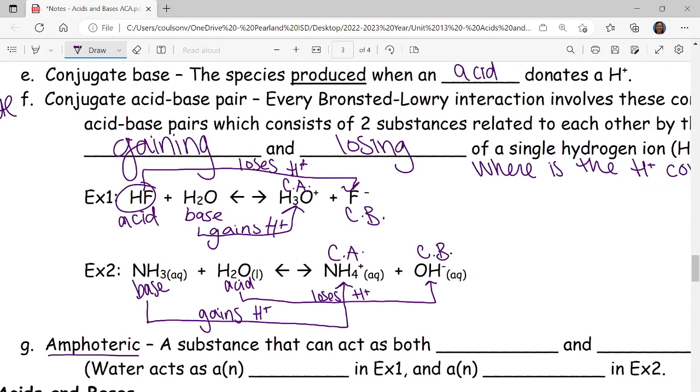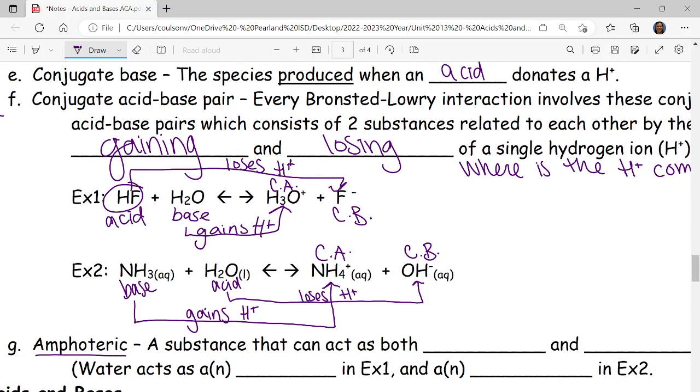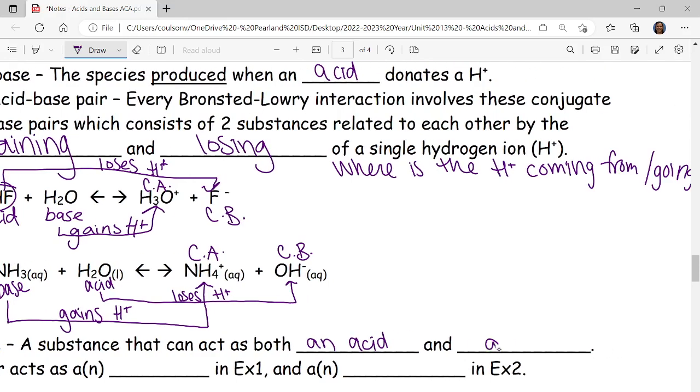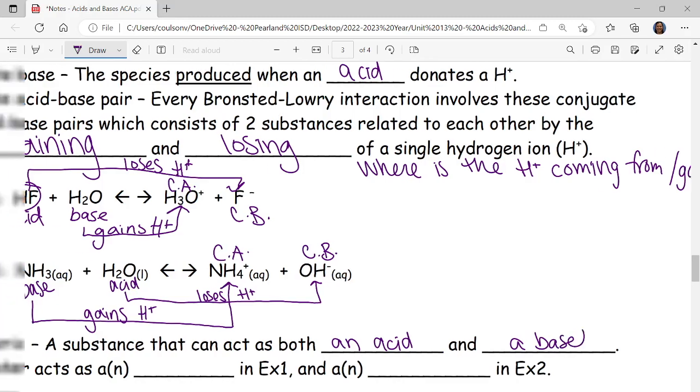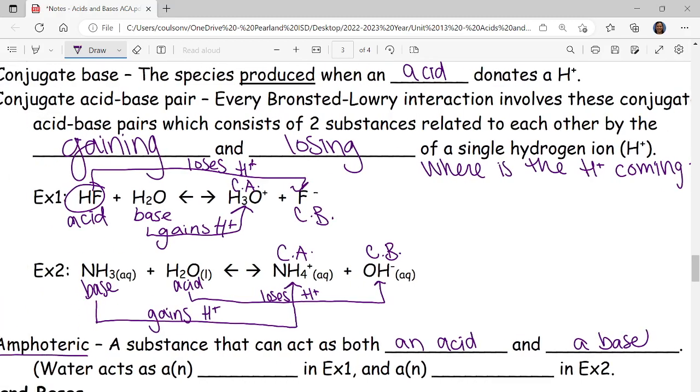Anything that is amphoteric is going to be something that can act as both an acid and a base. So in example 1, water acted as a base, and in example 2, it acted as an acid.